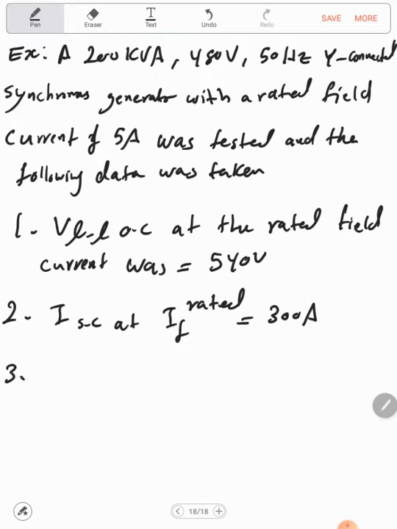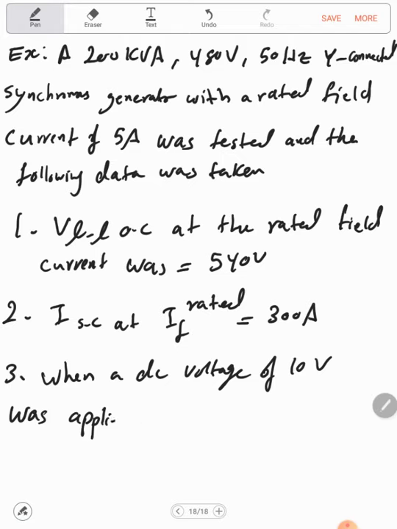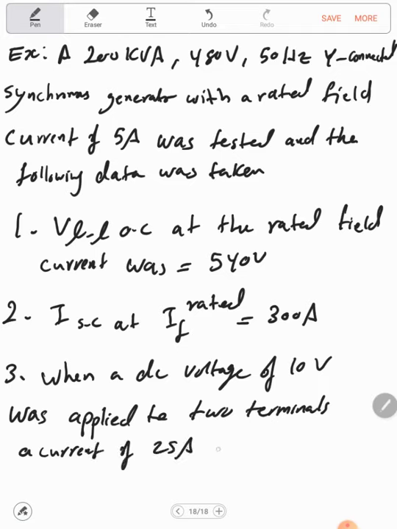The third test, when a DC voltage of 10 volt was applied to two terminals of the machine, a current of 25 ampere was measured using ampere meter.